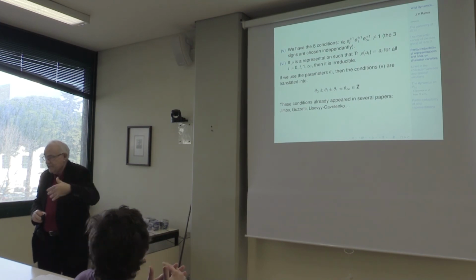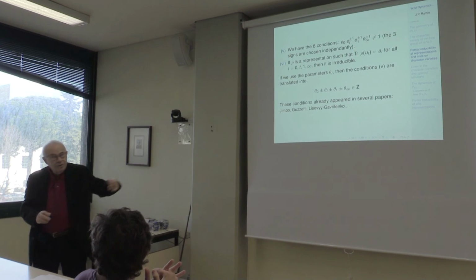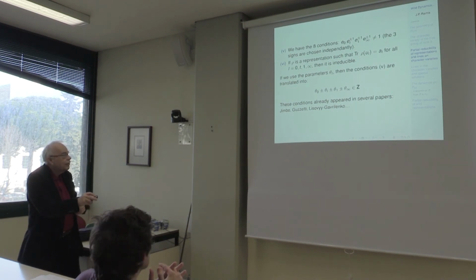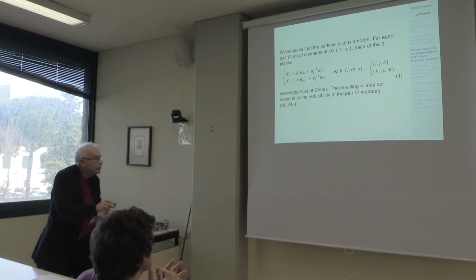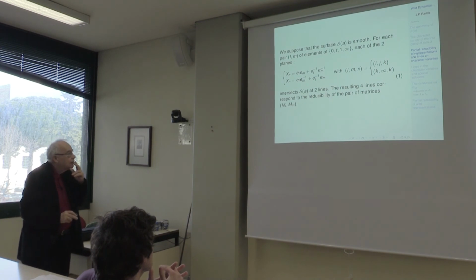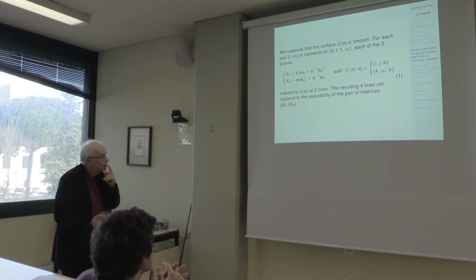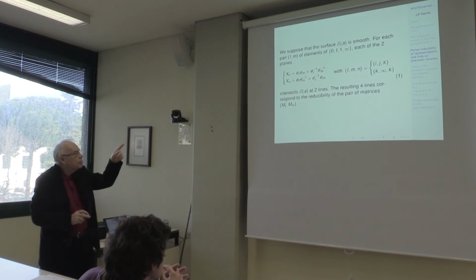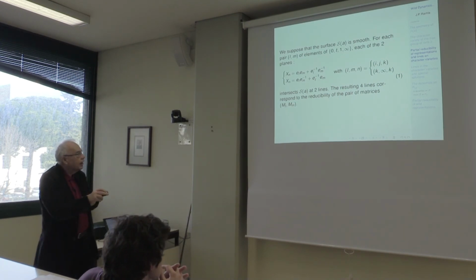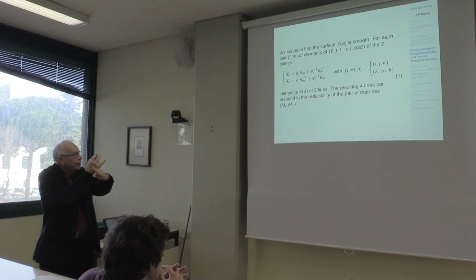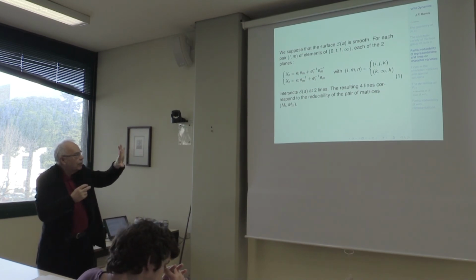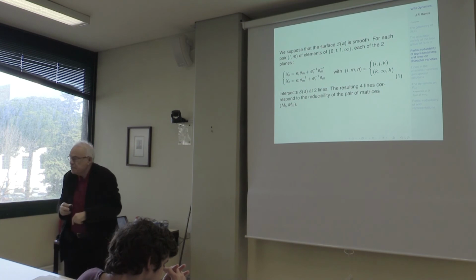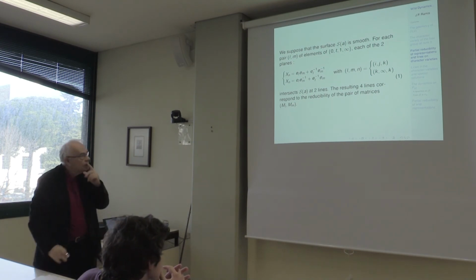Jimbo parametrization works if you suppose that this one is not in Z. Okay, so this is the situation: each plane like that intersects in 2 lines. You have 4 lines, and they correspond to the reducibility of the pair of matrices.